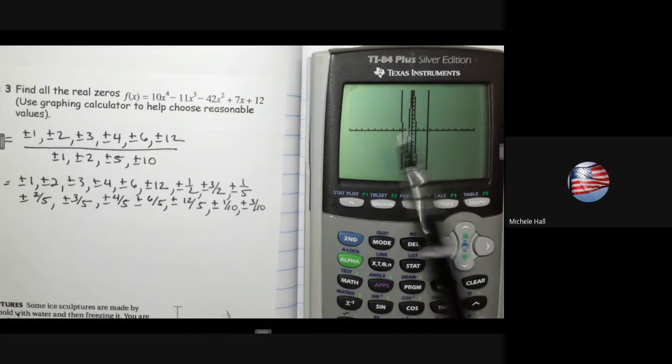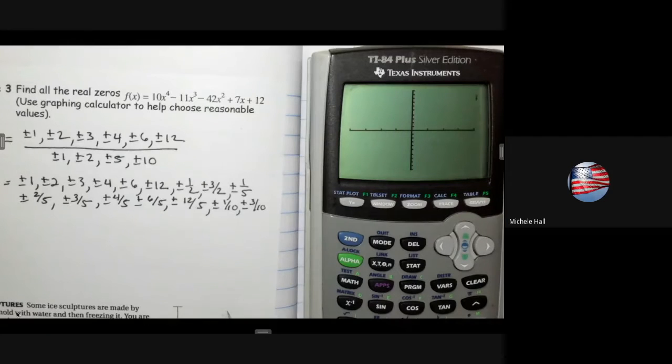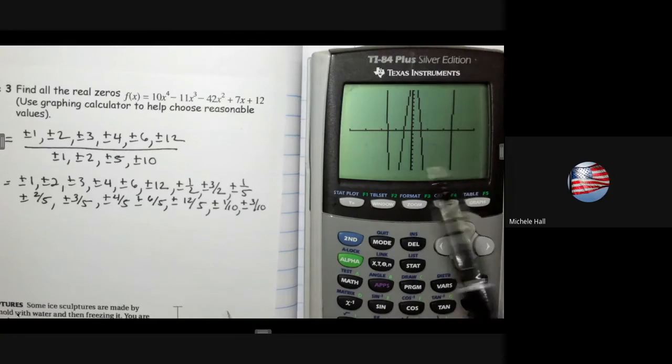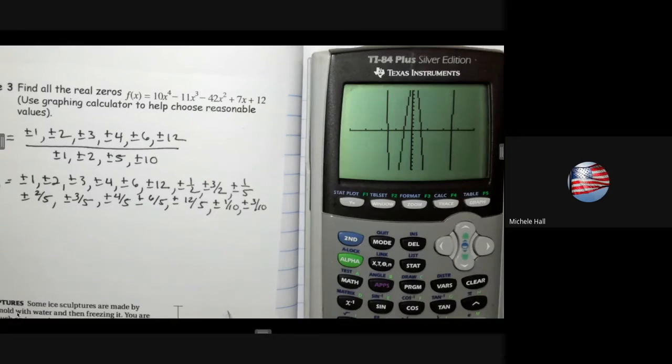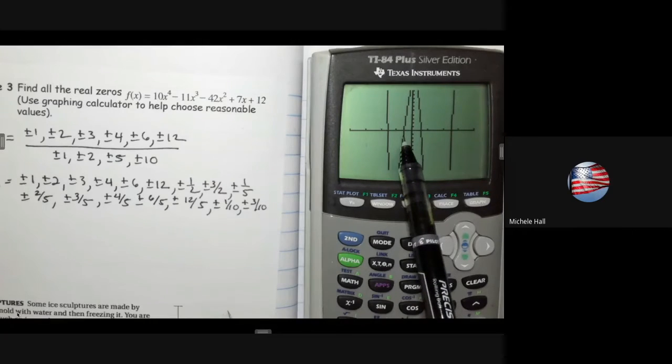Let's do a minimum of -4, a maximum of 4 on the x-axis. They look to be all fractions here. This looks like it could be a -1/2. Why don't we start with a -1/2?